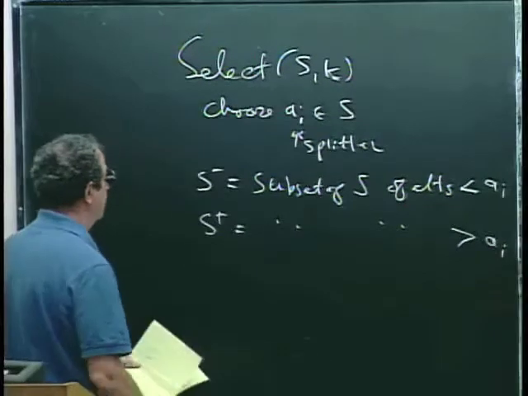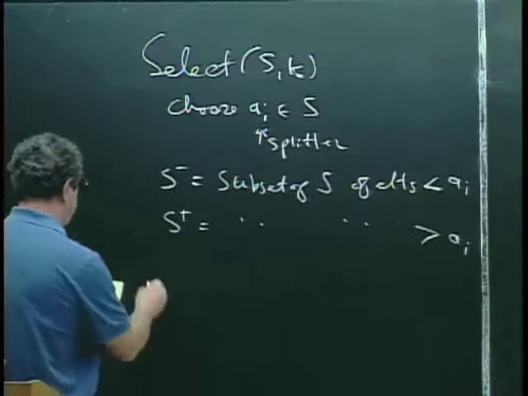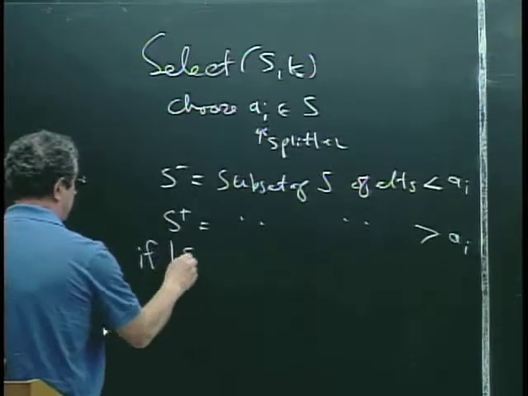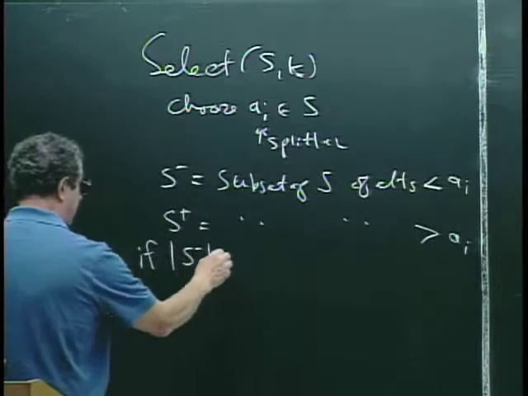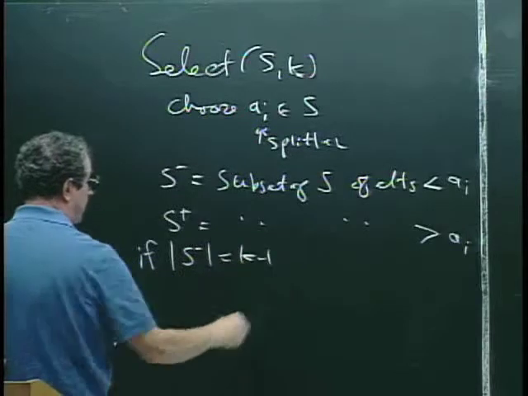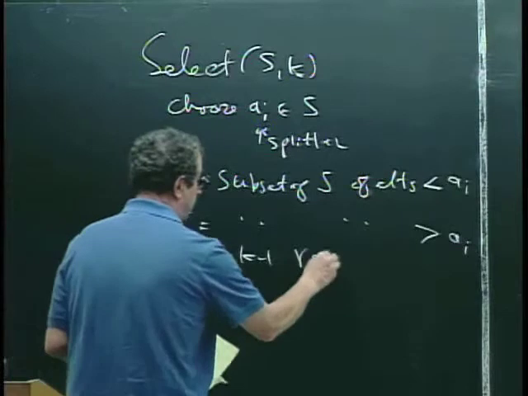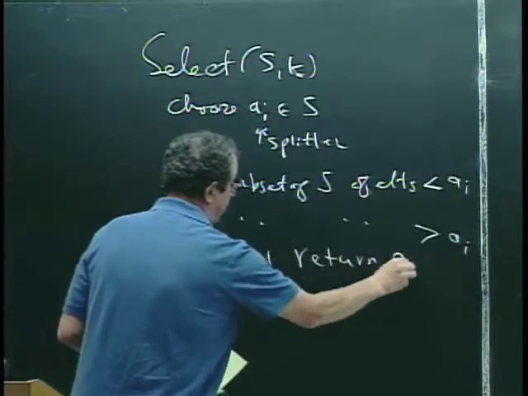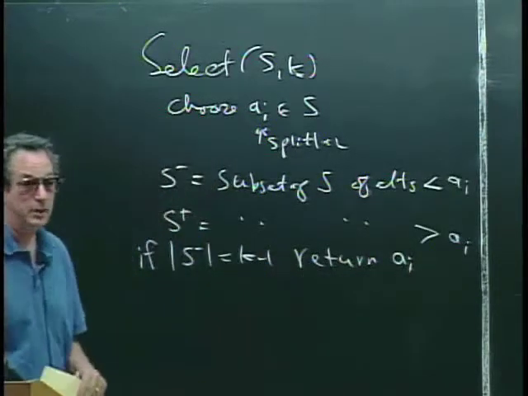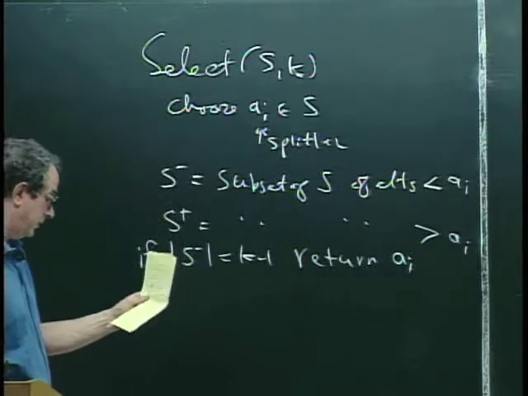And then we just look at the size of S minus. If the size of S minus is equal to k minus 1, then we know that a_i must be the kth smallest element, and so you can return it and you're done.